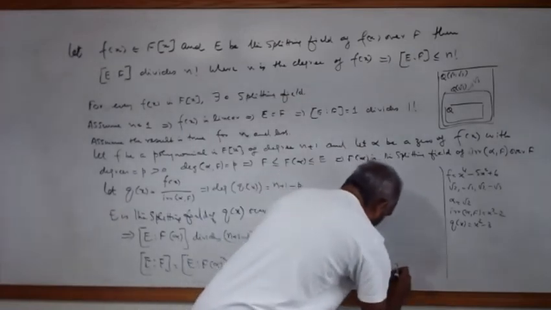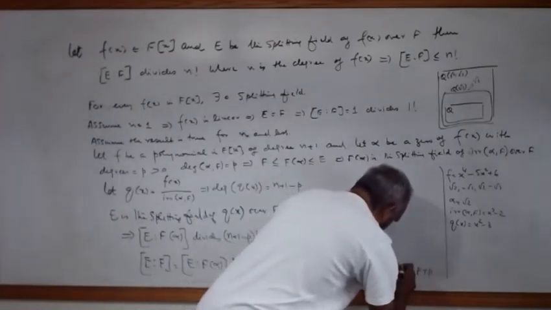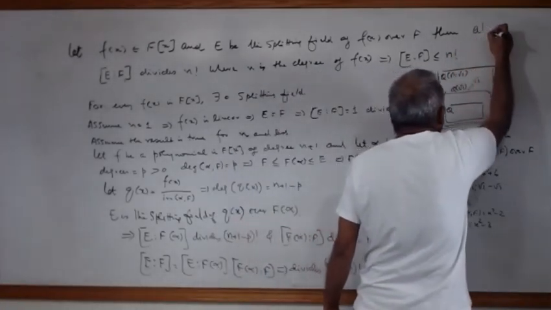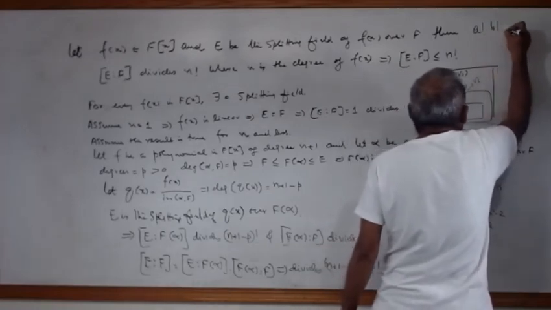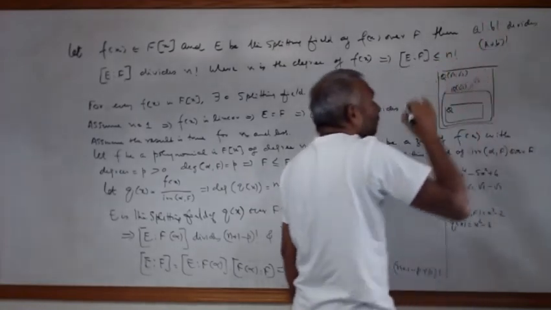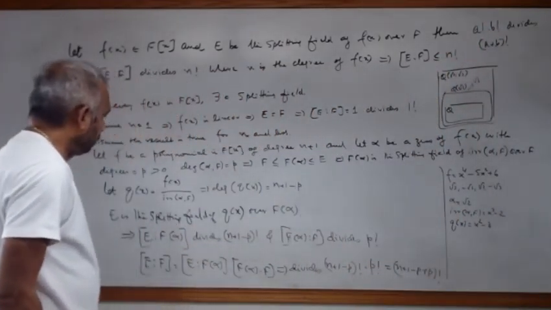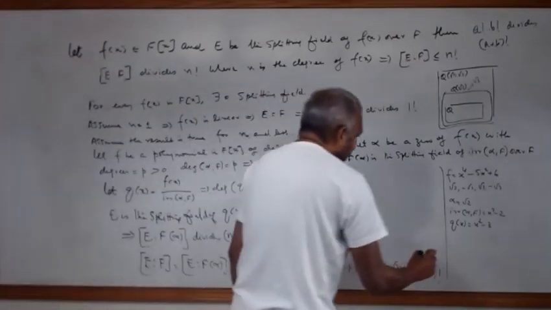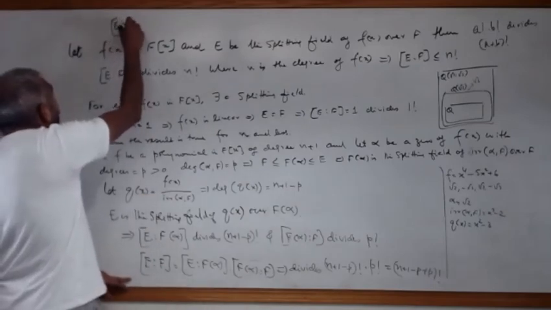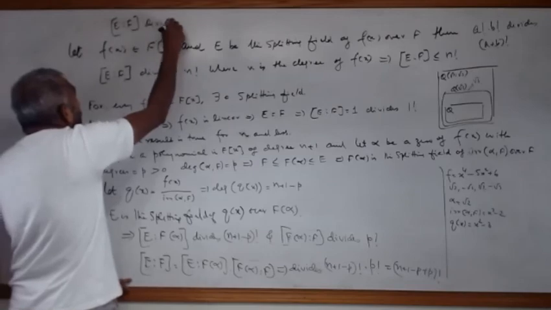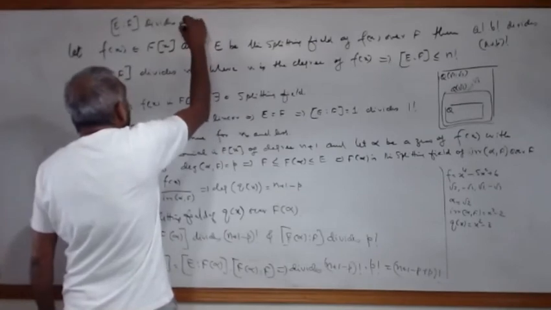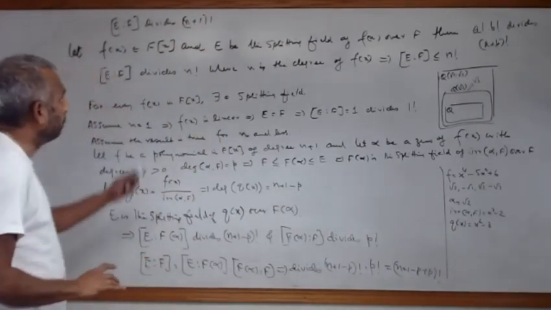And that implies, see, a factorial times b factorial divides a plus b factorial. So that means the degree of E over F divides n plus 1 minus p plus p, that is actually n plus 1 factorial. And that is the proof of this.